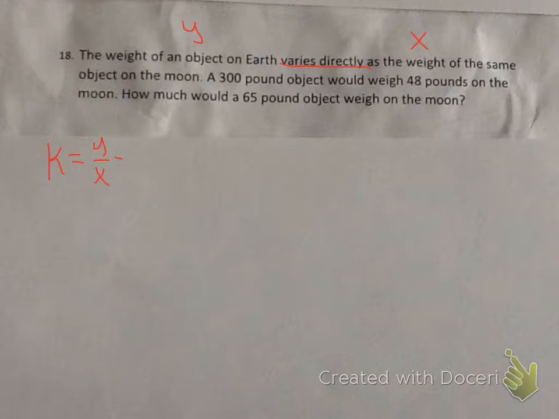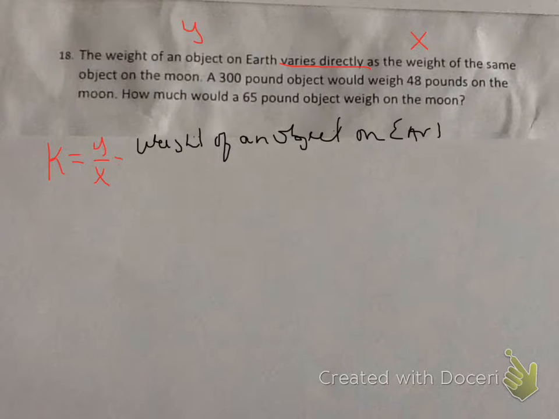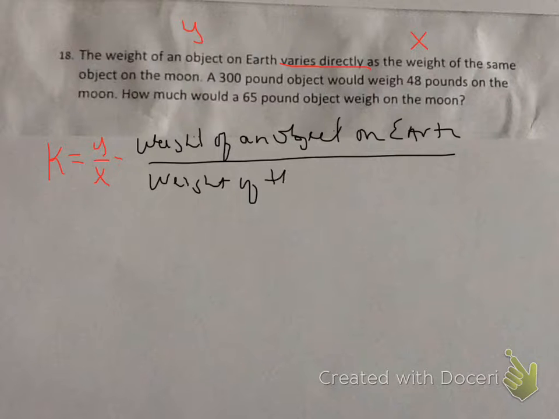So I'm going to put this a little darker here. y is the weight of an object on Earth. And the x value is going to be the weight of the same object on the Moon.